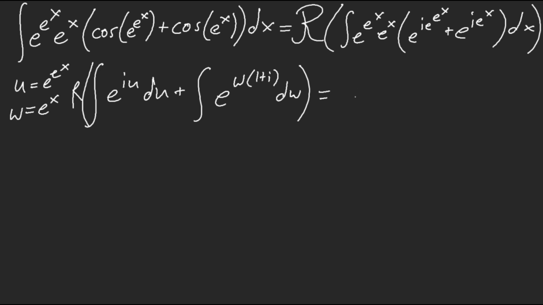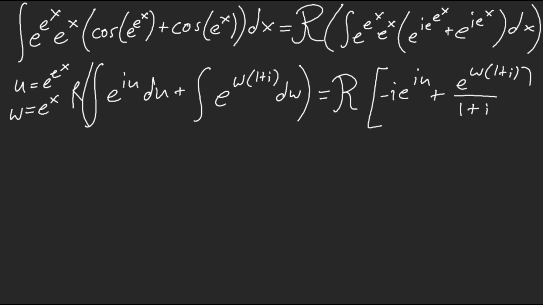Cool. So now what we have is, you know, this is just negative I e to the iu, and then this is the annoying part, e to the w, 1 plus I. Okay, so now what? Well, we have to conjugate this, and then we have to turn this back.